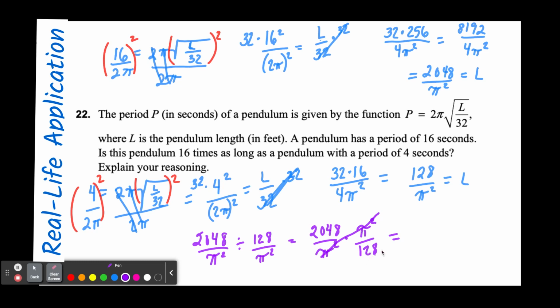Now we're taking 2048 divided by 128, which is 16. Also, if you multiplied 128 times 16, you would get 2048. Of course, this is still over pi squared. So, simply, the answer is yes.